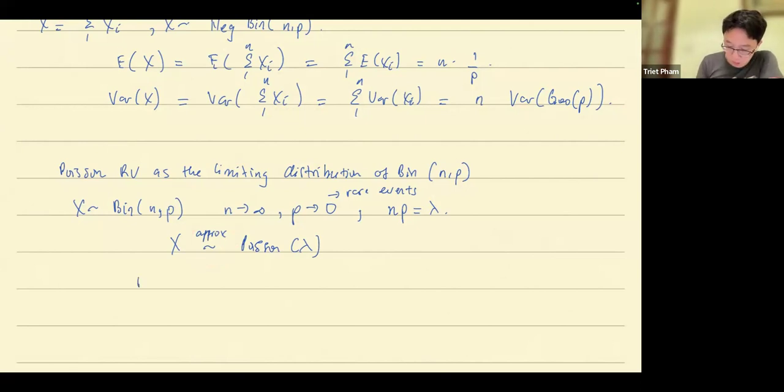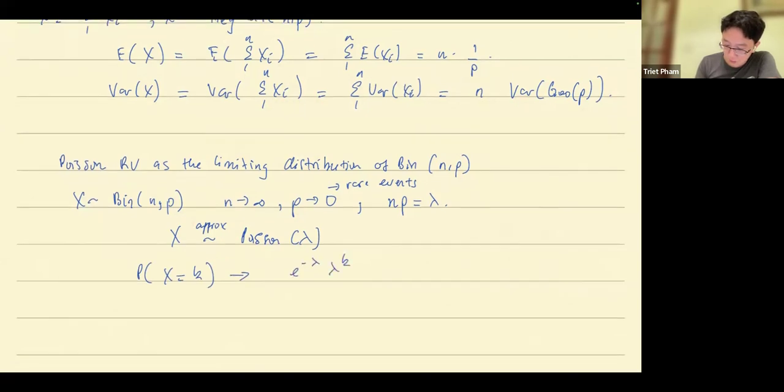Here, what we mean is approximately by distribution. So the probability that X equals k will converge to e to the minus lambda, lambda to the k over k factorial, which is the Poisson lambda distribution, as n goes to infinity, p goes to 0, and np stays at lambda.